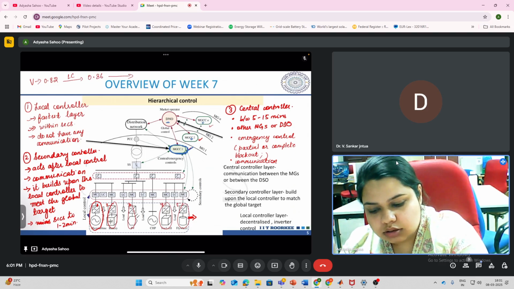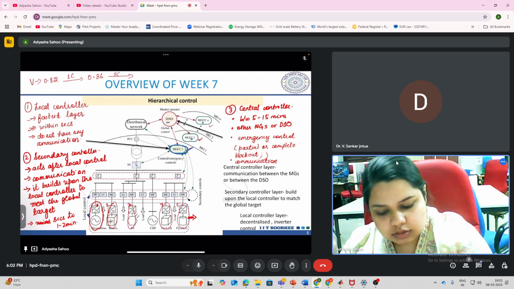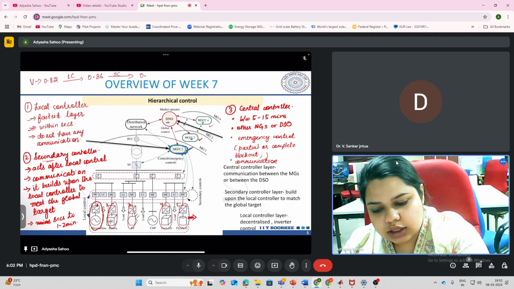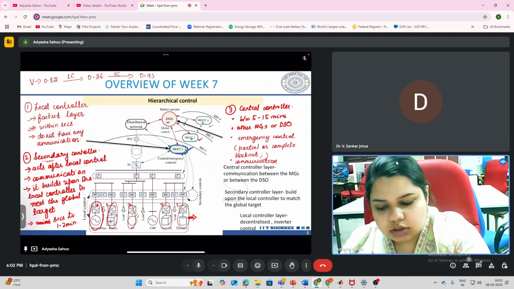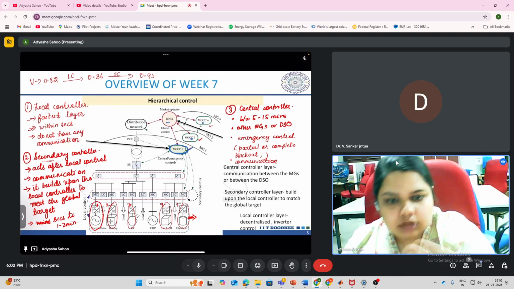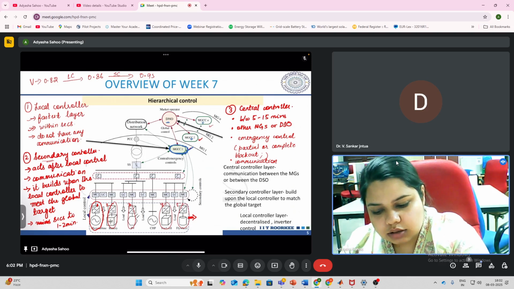After that, the secondary control layer will act and further try to improve the voltage, to bring it to, let's say, the acceptable point 0.9 or 0.95. The work of the secondary controller is to build upon the local controller and to manage the fluctuations within the system. And above all this, you have the central controller.